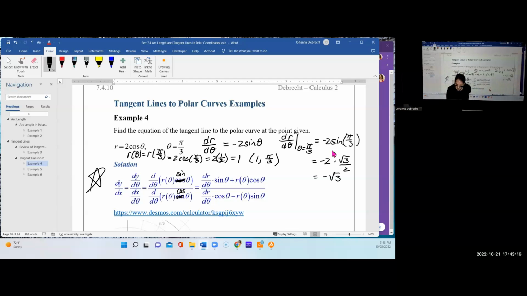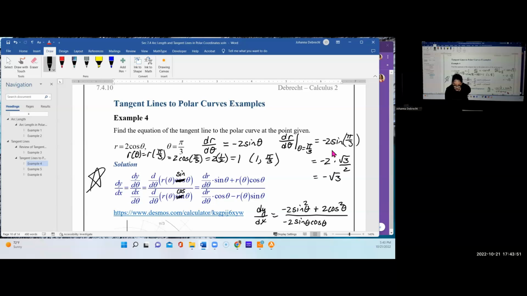So that would make dy/dx equal to dr/d theta, which is negative 2 sine of theta, times sine of theta, which would be sine squared of theta, plus r of theta, which is 2 cosine of theta, times the cosine of theta, which would give me cosine squared of theta, all divided by dr/d theta, which is negative 2 sine of theta again, times cosine of theta.